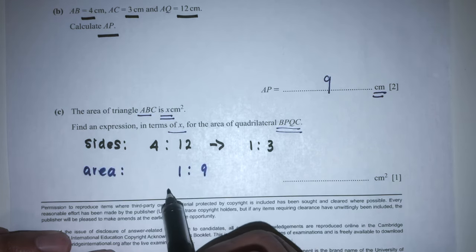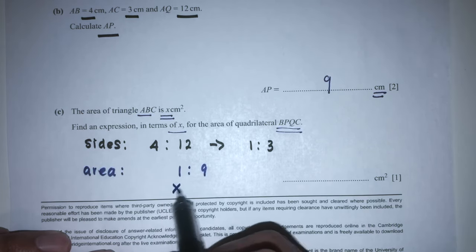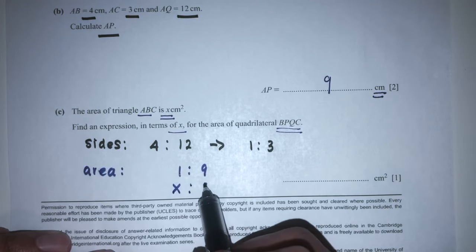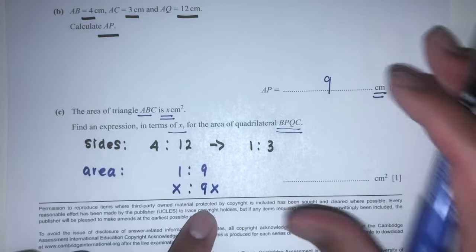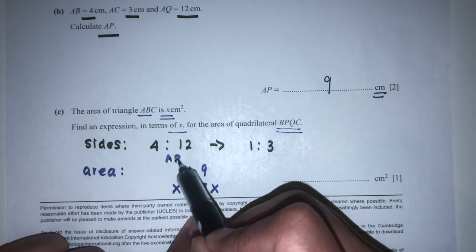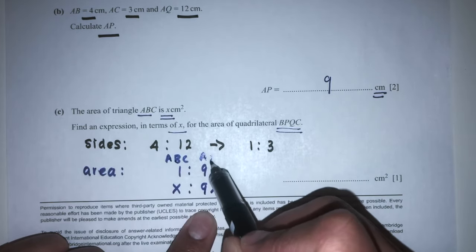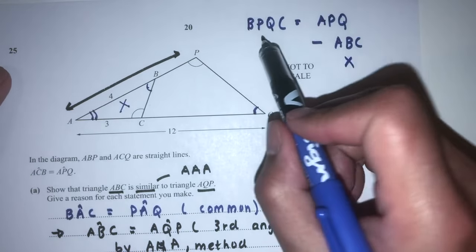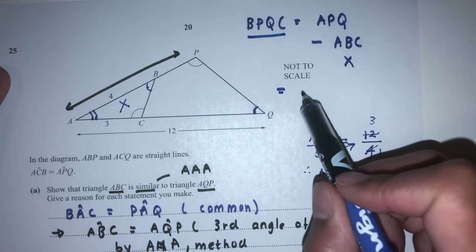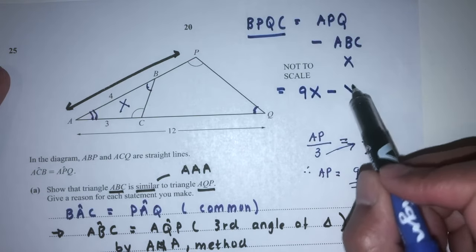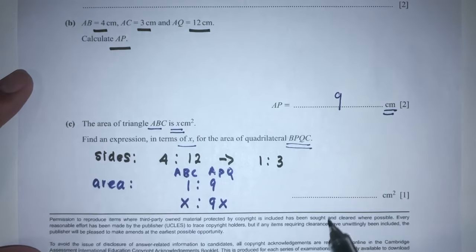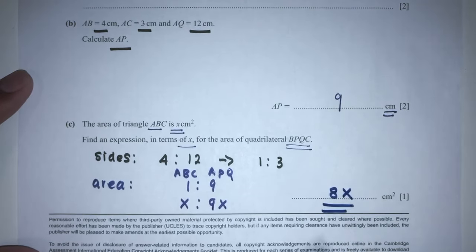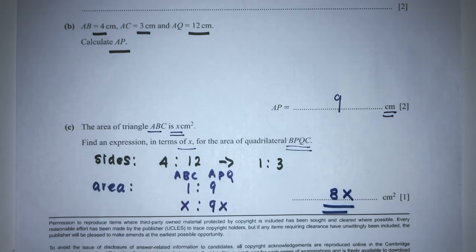Given the area of ABC, the smaller triangle, is x, the big one will be 9x. So this is ABC, this is APQ. Going back to our equation, to find this area we use APQ, which is 9x minus x, that will be 8x. So your answer will be 8x for the area of the quad BPQC.